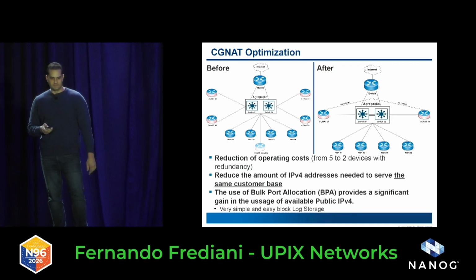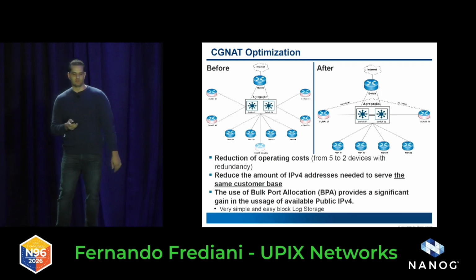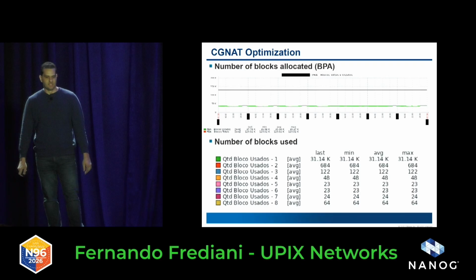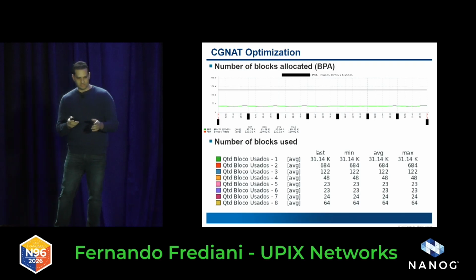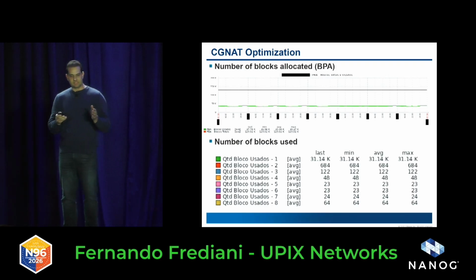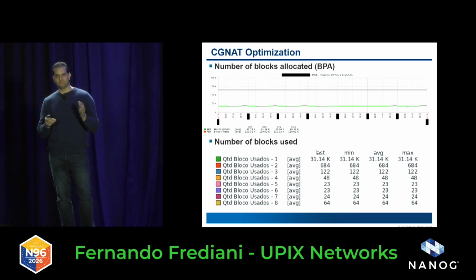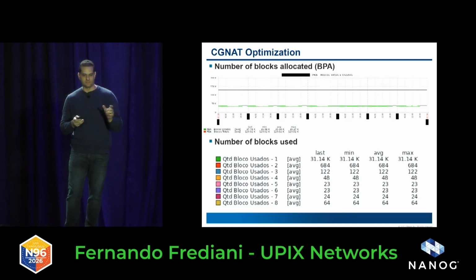So this is one way that we are able to reduce quite significantly the amount of IPv4 used. And this graph shows something interesting, which is the amount of blocks. When you use CGNAT with block port allocation, you have to define a certain minimum amount of ports that you allocate per customer.